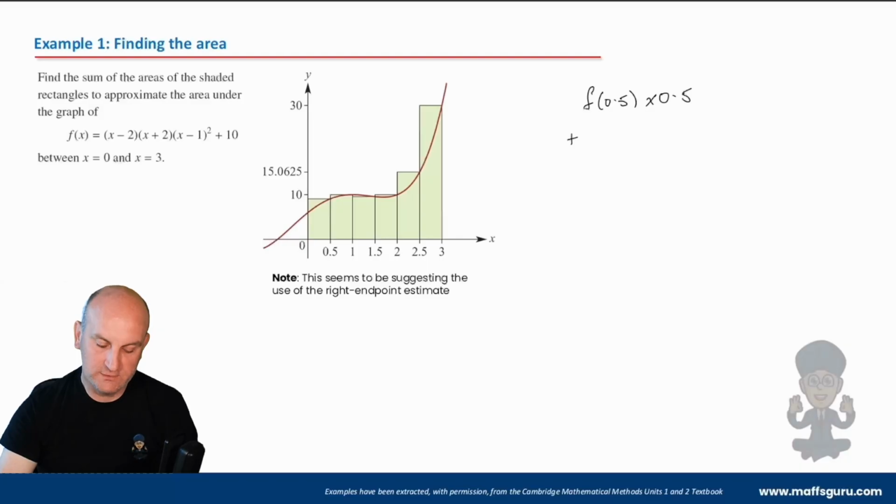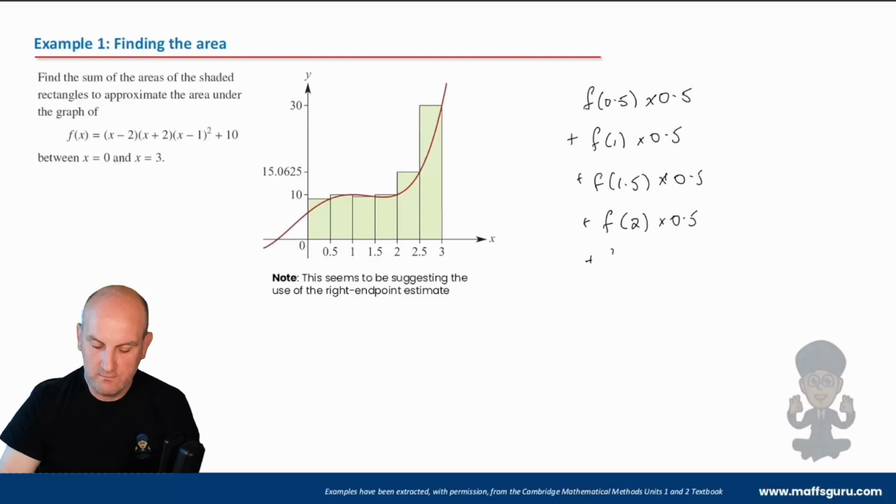Well, I now want the function of 1 times 0.5, plus the function of 1.5 times 0.5, plus the function of 2 times 0.5, plus the function of 2.5 times 0.5, plus the function of 3 times 0.5.